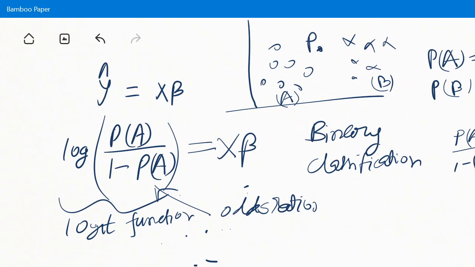So using the same idea, we extend this to this equation, writing PA as the probability of class A given the data, as probability of x.